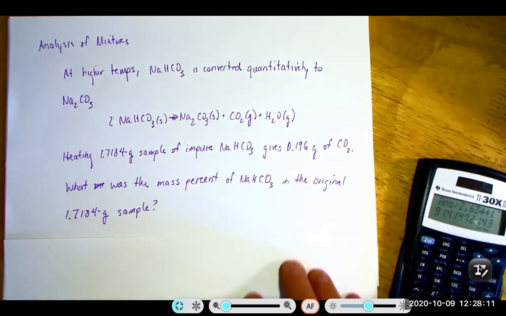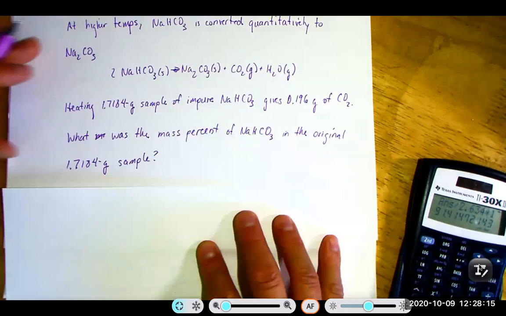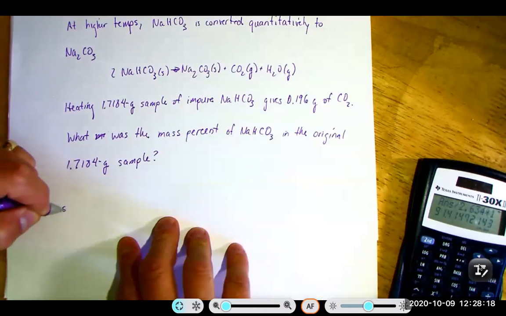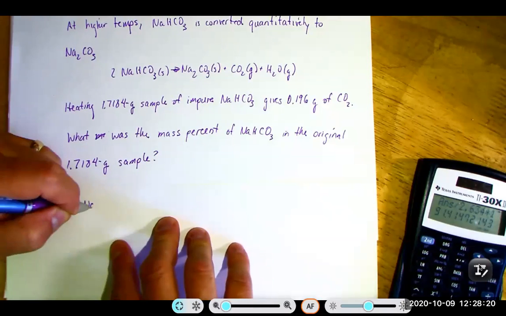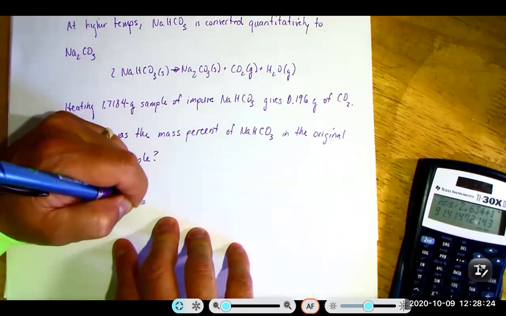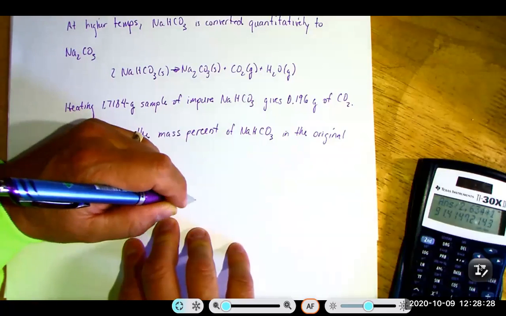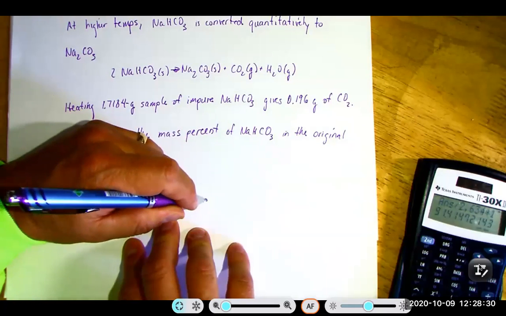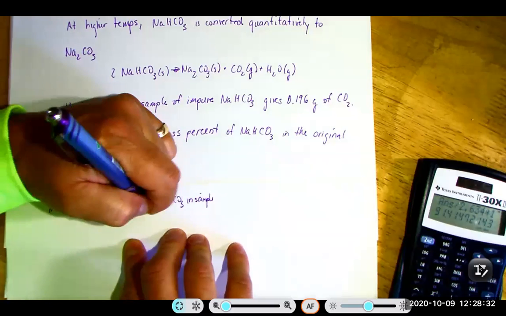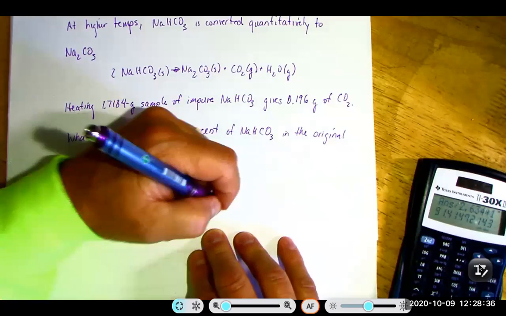So here, we should start off with the mass percent sodium bicarbonate is equal to the mass of sodium bicarbonate in the sample divided by the mass of the sample times 100%.